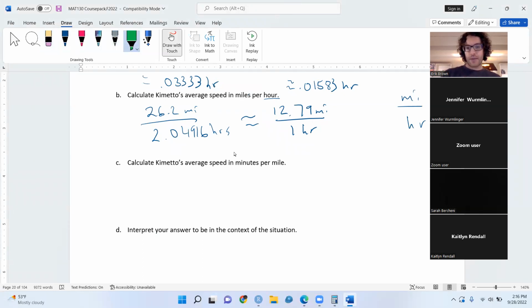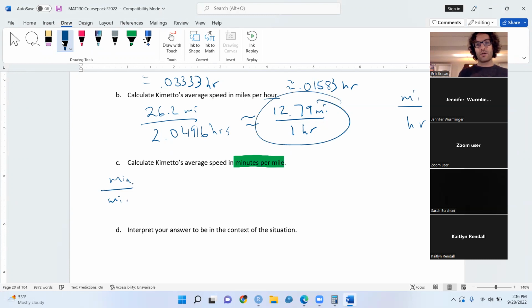I'm going to go back to the notes so we finish it. Just note this. I want the next one you calculate to be minutes per mile. So you can take this one, but you have to flip it and then convert it into minutes. And then when I say interpret your answer, this should say from C. Interpret your answer to C in the context of the situation.